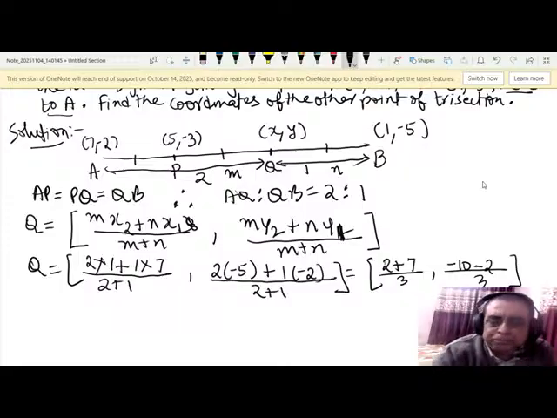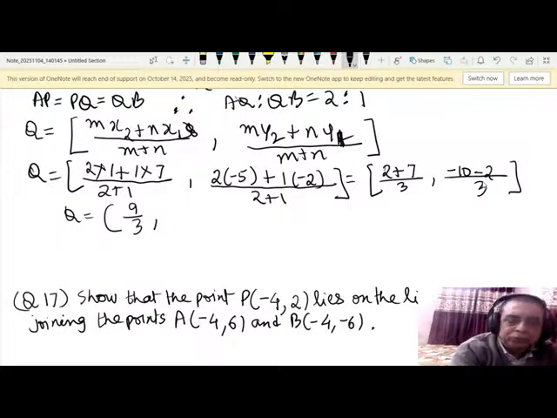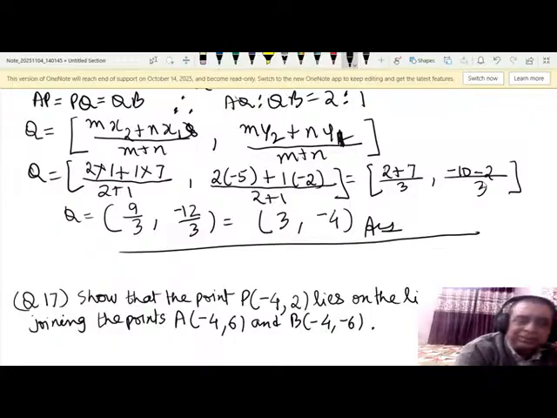So Q is equal to 2 plus 7 is 9, 9 upon 3, comma, minus 10 minus 2 is minus 12 upon 3. Now this gives us 9 divided by 3 is 3, comma, minus 12 divided by 3 is minus 4. So these are the coordinates of Q. So it is the answer.